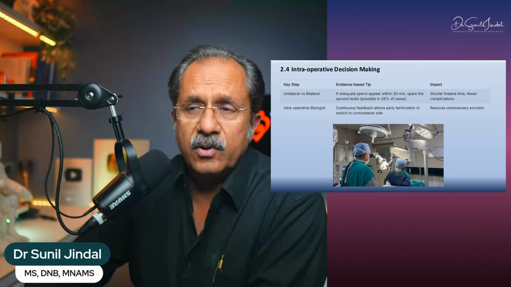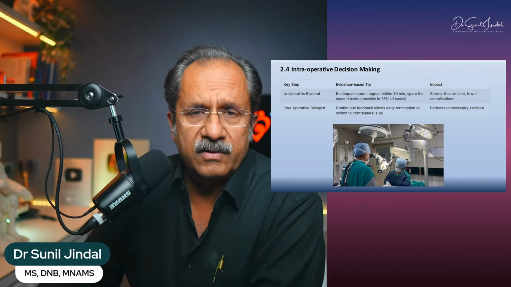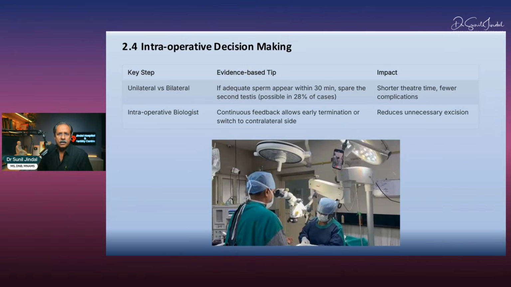And the second important thing is the intraoperative biologist. What I normally do is take continuous feedback from my embryologist. We have two tables, so we may have two people working at a time. With one main person I have a video call open.